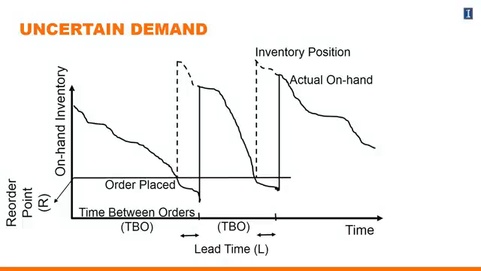So when you figure in the uncertainty in demand into the same type of picture that we were looking at earlier, now the picture doesn't look as neat as it looked before. It doesn't have the straight lines that we were looking at in terms of replenishment or depletion of inventory. So it's not going down in a straight line. Here we have crooked lines that are telling us that the inventory is being consumed at a different rate.